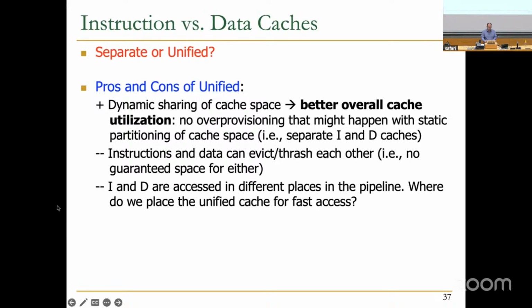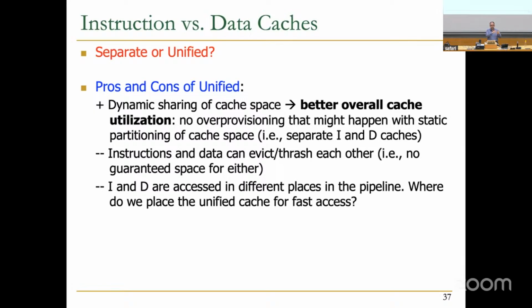But more importantly, I would say that instructions and data are accessed in different places in the pipeline. And that's the main reason that people decided to have separate L1 instruction and L1 data caches. Because in your pipeline, in the beginning, you want to fetch instructions, so you access your instruction cache.